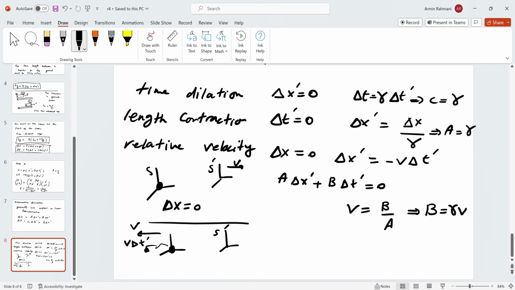And finally, we can look at the rear clock ahead effect.